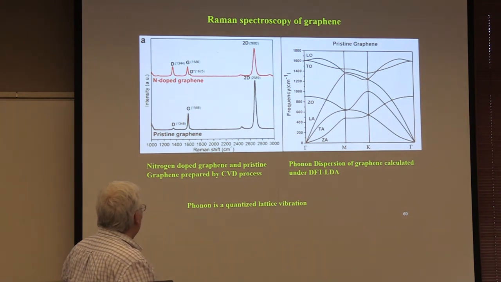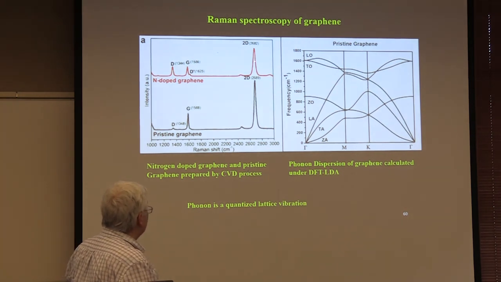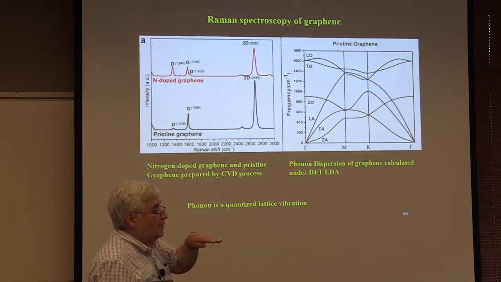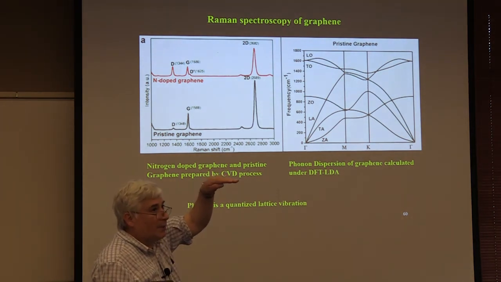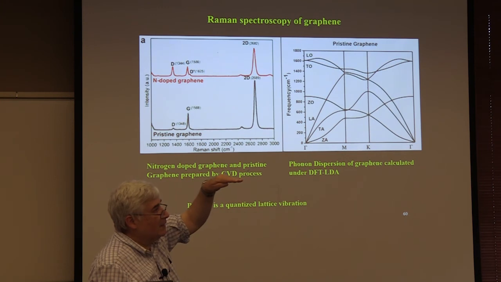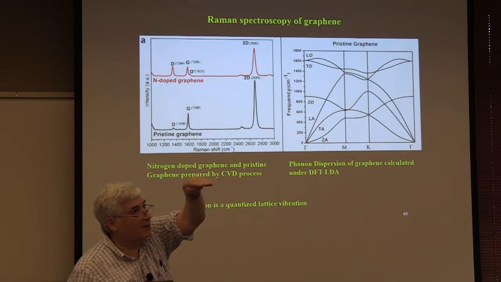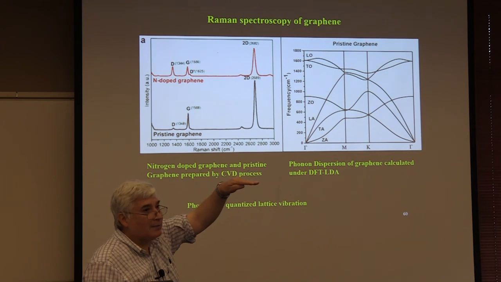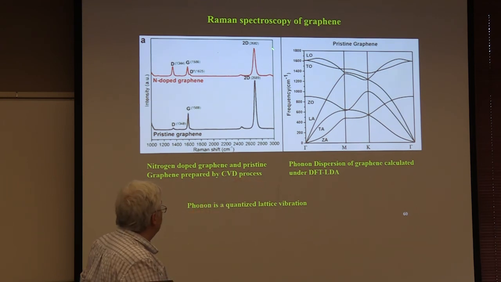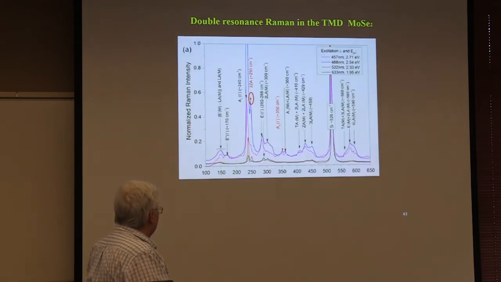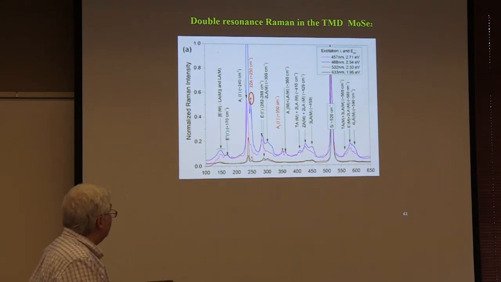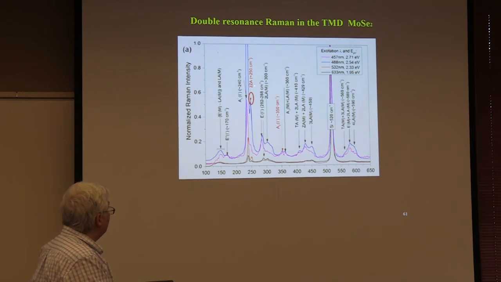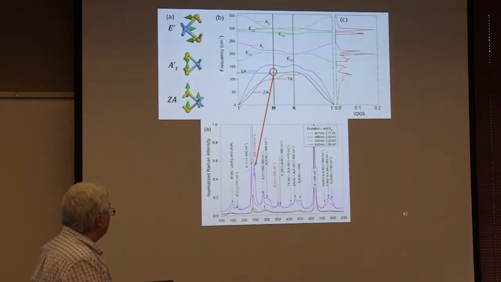This is resonance by defects, and double resonance is that you excite with a particular excitation, and then your electron is scattered by a phonon, and this is scattered back by the same phonon. This is not caused by defects. This is one case that we solved in which we found that this 2ZA phonon was responsible for this peak, and the information was here.